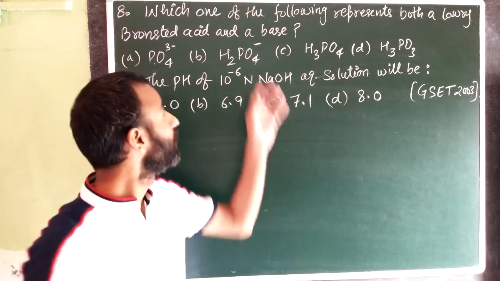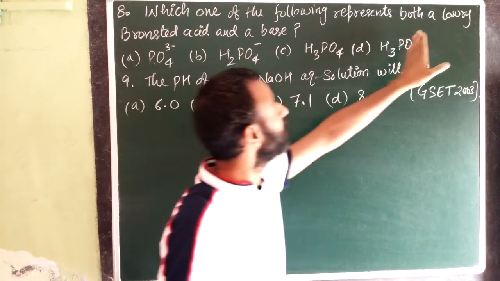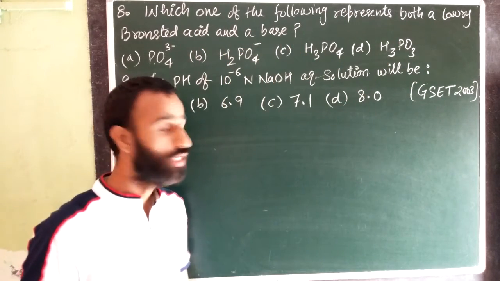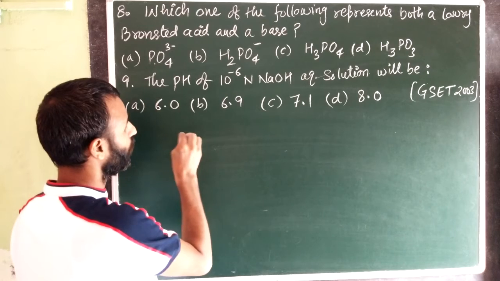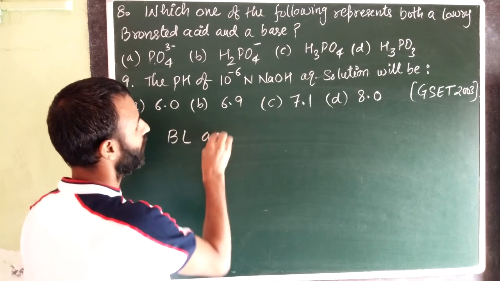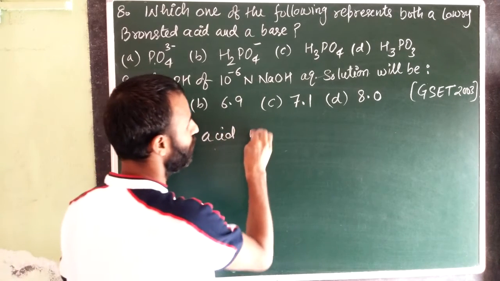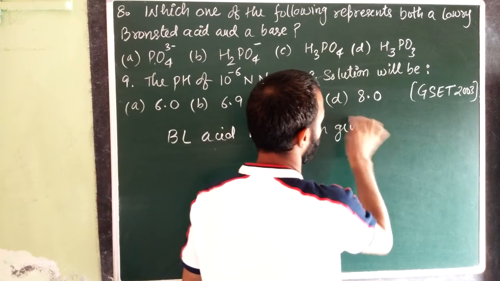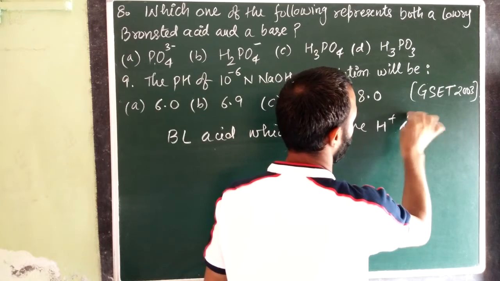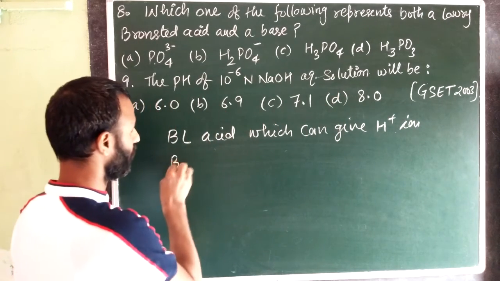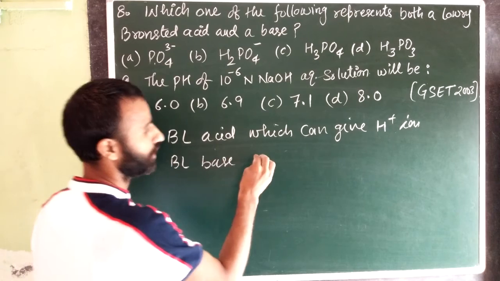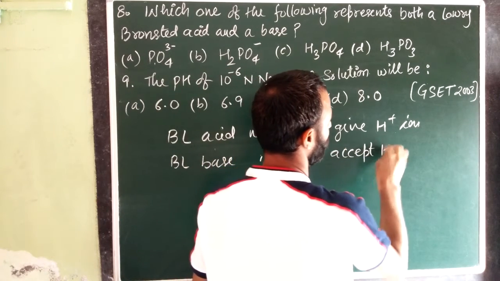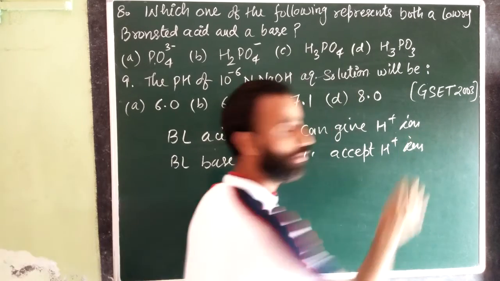Okay, so the next question is, which one of the following represents both a Bronsted-Lowry acid and base? So you know, a Bronsted-Lowry acid is the one which can give H plus ions, and a Bronsted-Lowry base is one which can accept H plus ions, right?